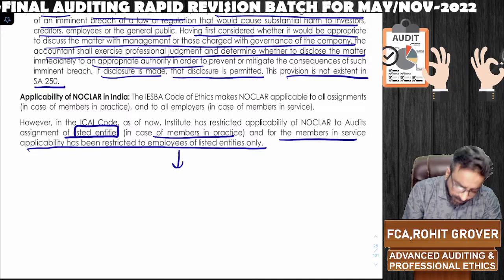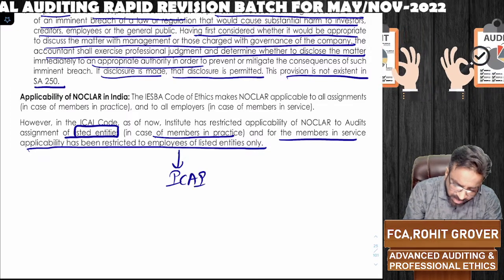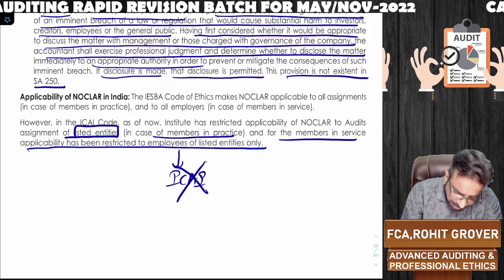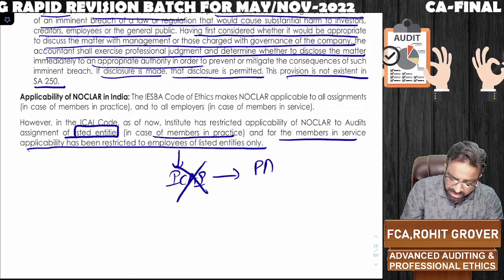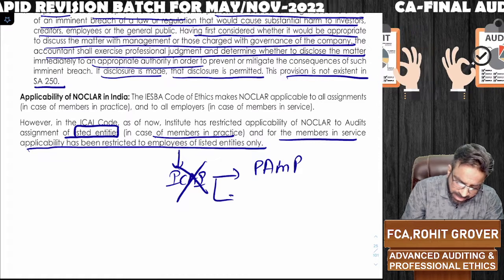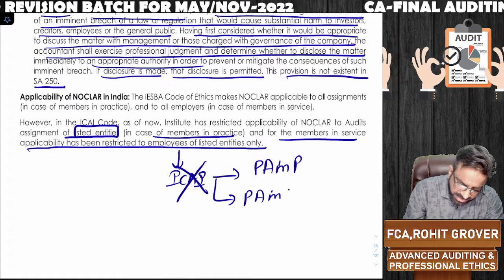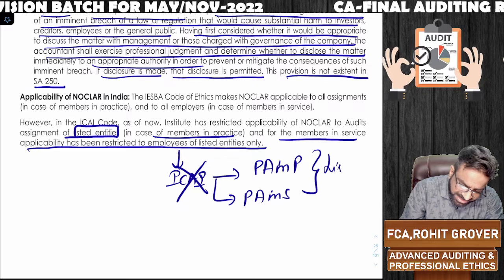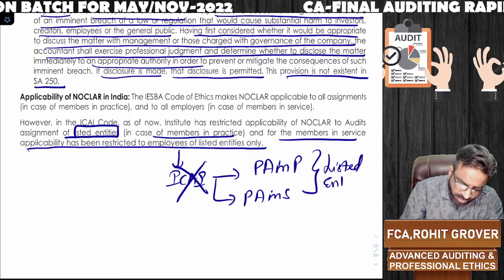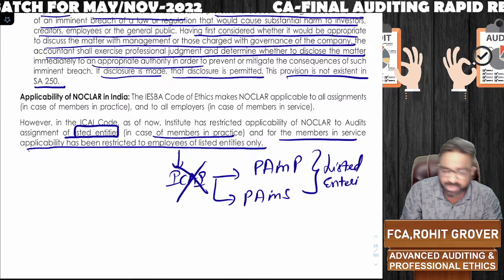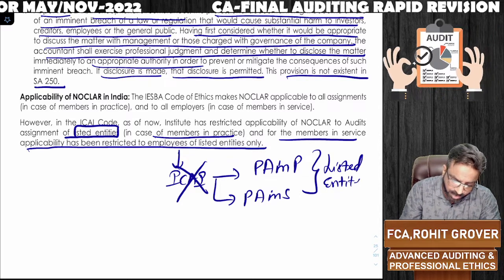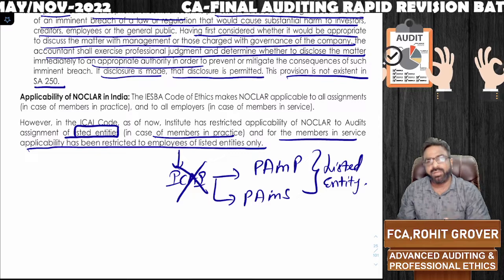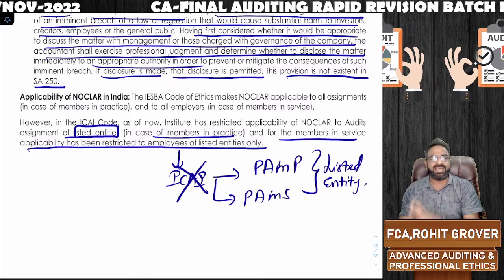So far, full NOCLAR has not been introduced by ICAI. It means if your employer is a listed entity, or you are working in a listed entity, or your client is a listed entity, only up to that extent has NOCLAR been applied by the ICAI code.